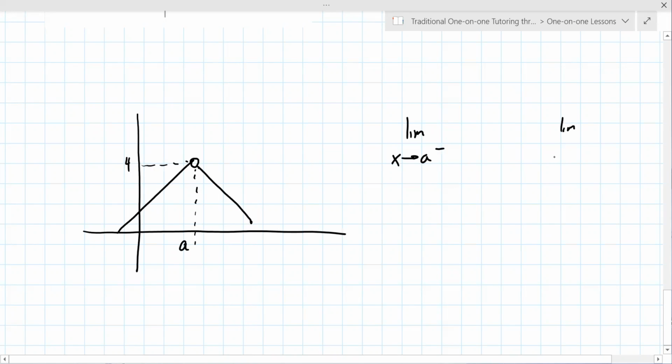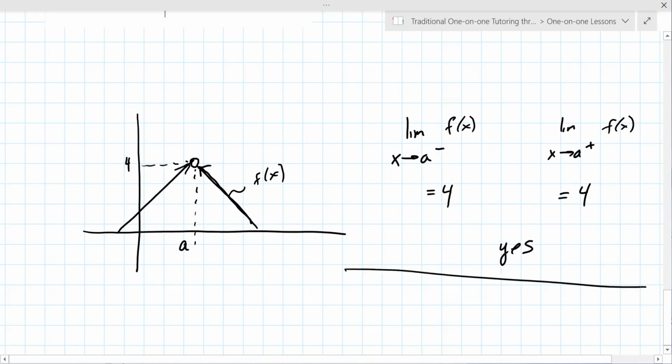What is the limit as x approaches A from the right? F of x, both f of x. So from the left, what's the y value? It approaches 4. From the right, what's the y value? Also 4. So does the limit exist? Yes. Okay, because they're equal.